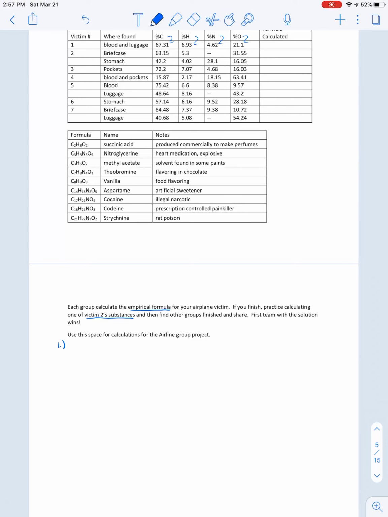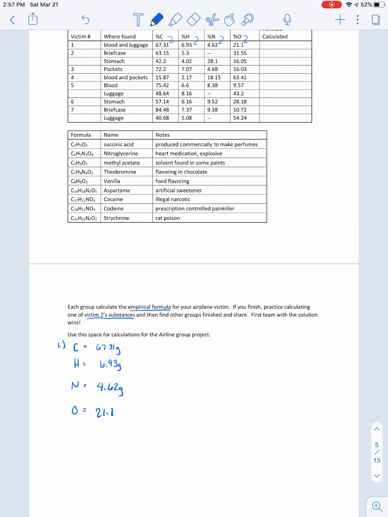This is where you see the percent columns. These are all meant to be percentages. If you remember your steps, you write those percentages down as gram amounts. So carbon would be 67.31 grams. Hydrogen would be 6.93 grams.